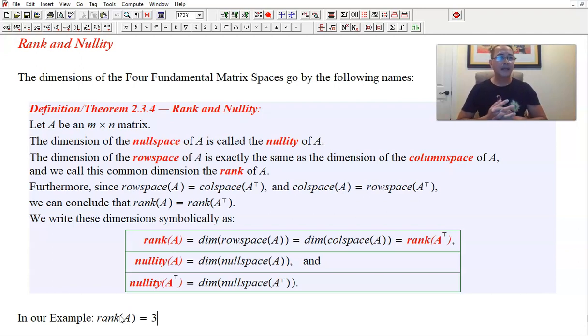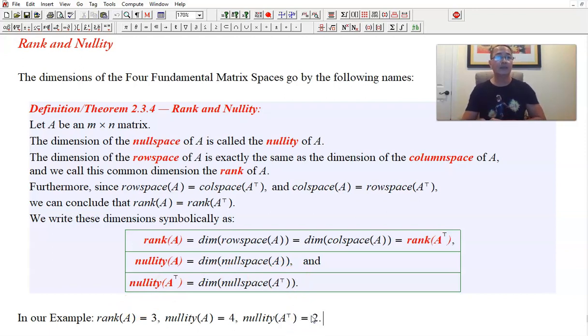Now the dimension of the null space is called the nullity of A, and we said that we had 4 vectors for a basis for the null space. So the nullity of A is 4, and for the transpose, the nullity of A transpose, I believe there were two vectors in our basis.